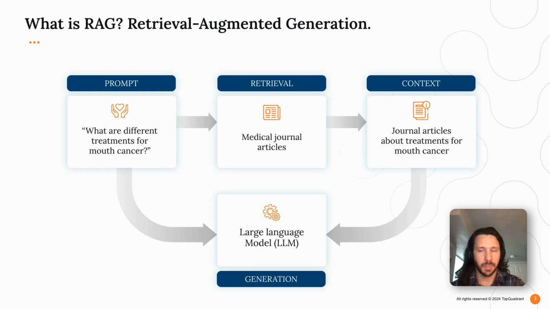You can also supplement or augment your prompt with additional relevant context. And so in this example, say you have a ton of journal articles, find ones that are about mouth cancer, give that to the LLM along with your prompt, and you should get better results.